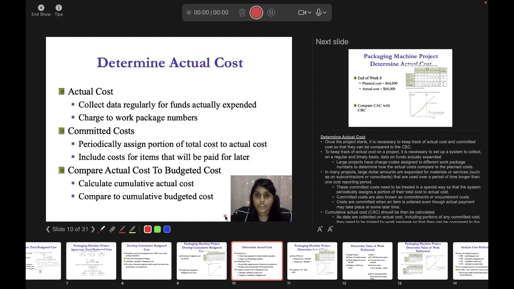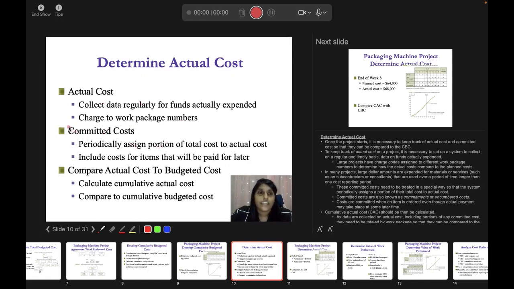Activity 1, activity 2, activity 3. The labor cost, the material cost, the facility cost, and all that will be incurred from each activity. So you will be collecting data regularly so that you know what is the actual fund that has been expended, or how much you have actually used. And then you charge to work package numbers. Like I said, for activity 1 how much is it going to be, for activity 2 how much is it going to be.